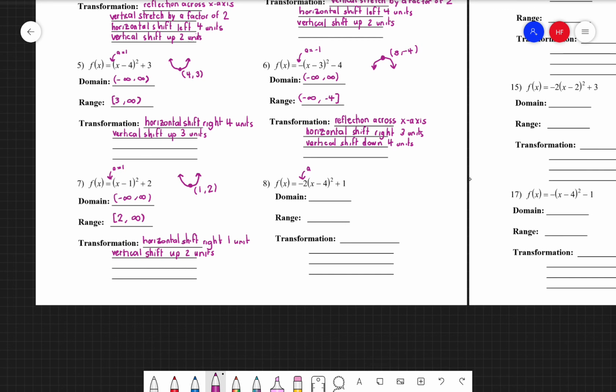So the first thing, the negative, flips the graph, so I have a reflection across the x-axis. I have a 2 in the front, which is a whole number, so that is a vertical stretch by a factor of 2.